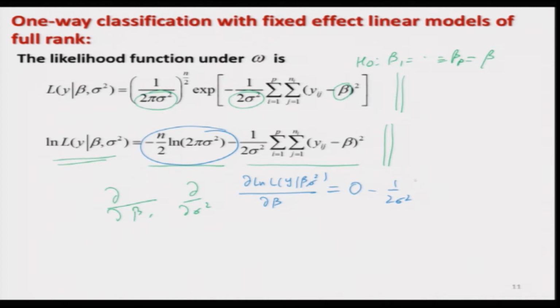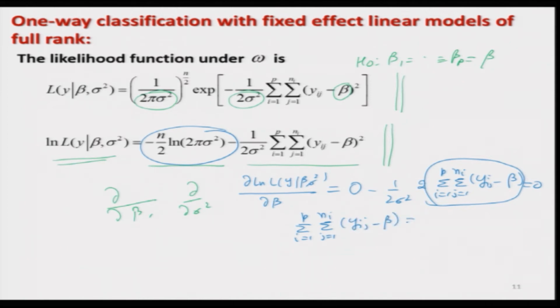So, this differentiation becomes simply twice the summation i goes from 1 to p, j goes from 1 to n_i, of (y_ij minus beta). When you put it equal to 0, we simply have to solve that summation i goes from 1 to p, j goes from 1 to n_i, (y_ij minus beta) is equal to 0. If you simplify it, this becomes summation over i, j of y_ij minus beta times summation over i, j of 1, which is equal to 0.